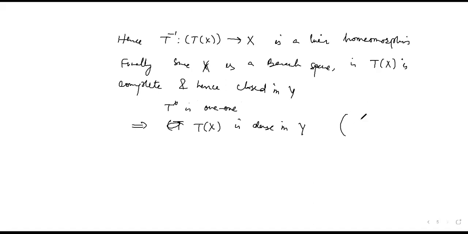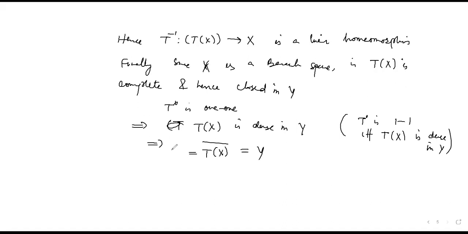So we did this result: T star is one to one if and only if, it had four parts and this was one of the parts. Now if this is dense, it means that the closure of T of X is equal to Y, but this is equal to T of X because T of X is a closed subspace of Y. It's equal to its closure, which means that T is onto.